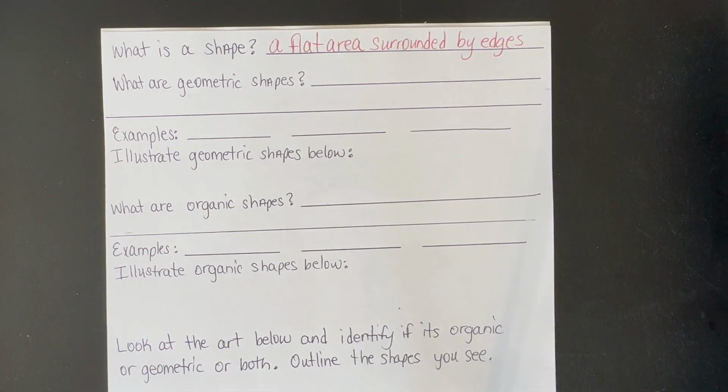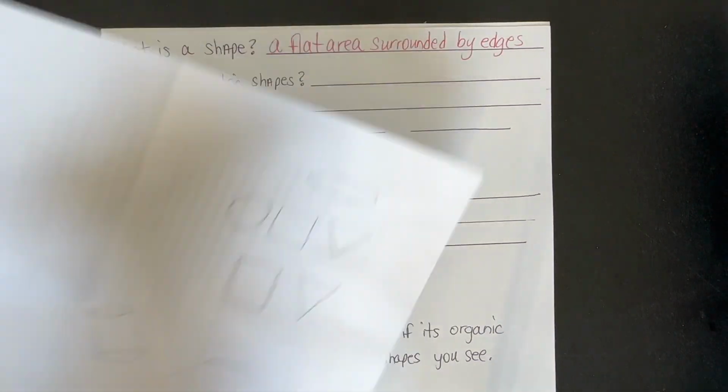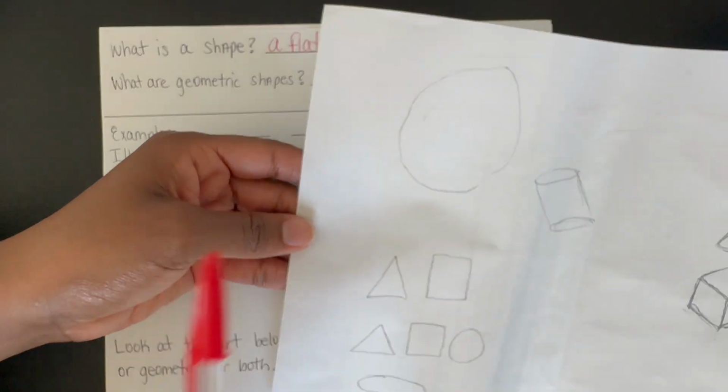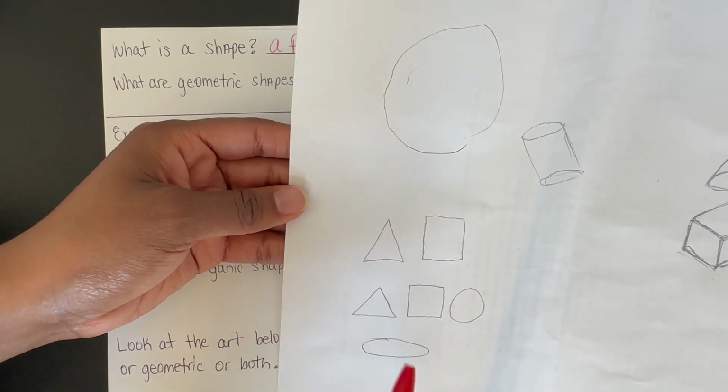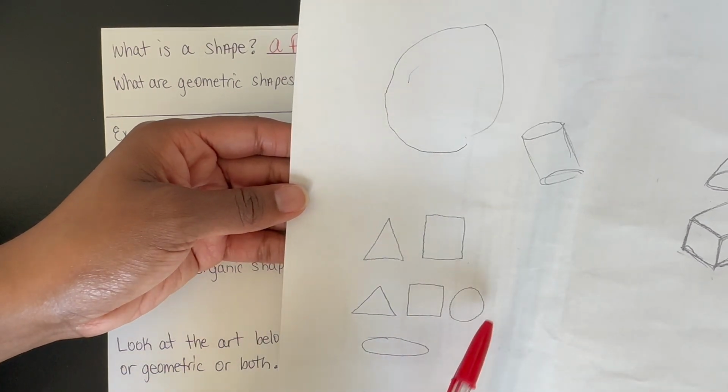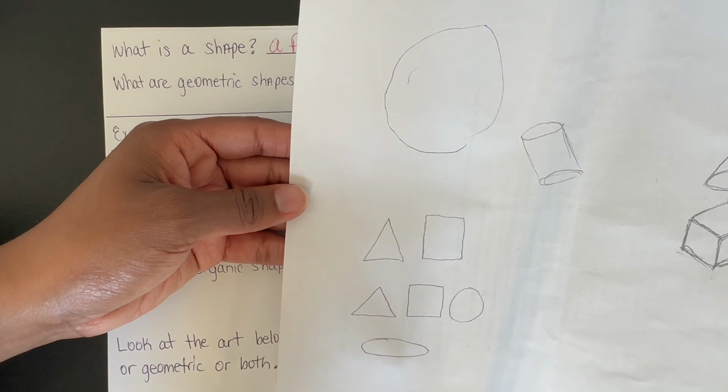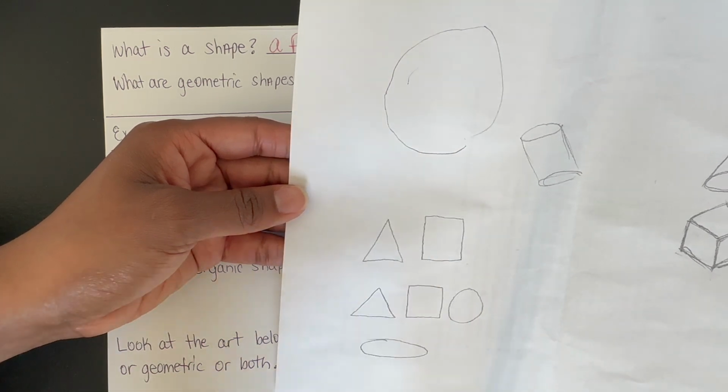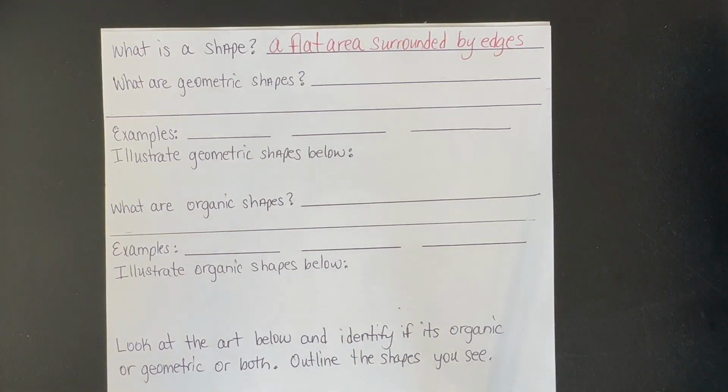That's what a shape is. So for example, I have some shapes drawn out here. These are shapes. Oops, upside down. Triangle, rectangle, oval, circle. These are shapes. So it's a flat area surrounded by edges.